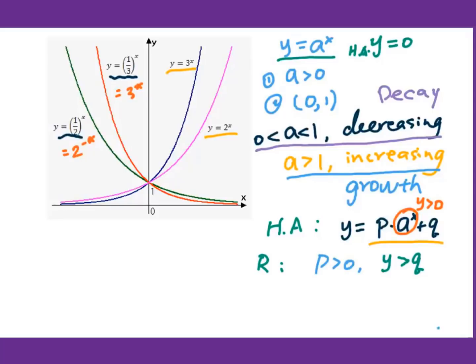When p is less than 0, then y greater than 0 will change to y less than 0, then y less than q. No matter what, the asymptote line will be y equals q. That's the asymptote line.